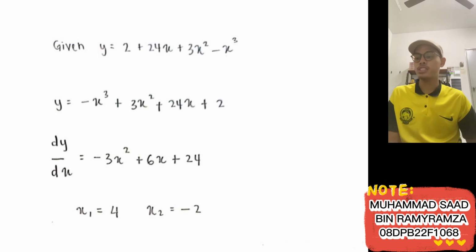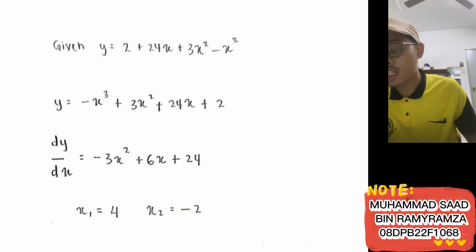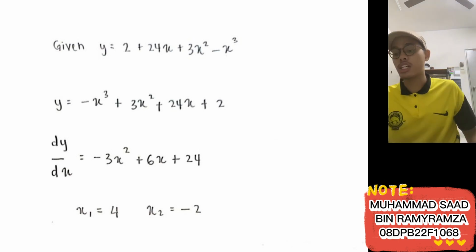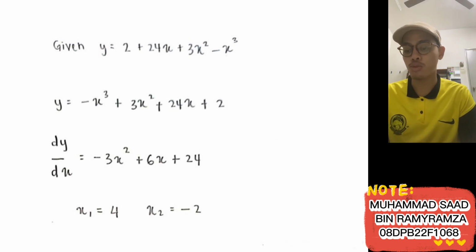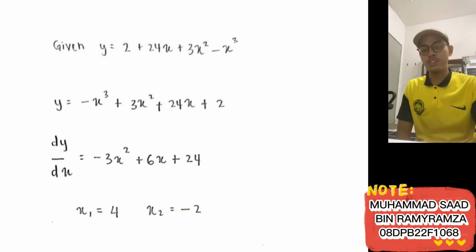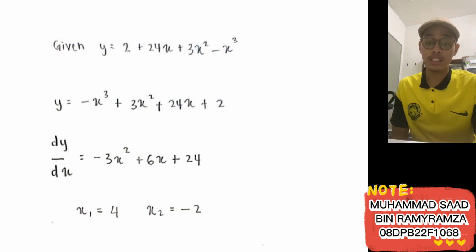Now the equation is negative x cubed plus 3x squared plus 24x plus 2. Next, we differentiate: dy/dx is negative 3x squared plus 6x plus 24.